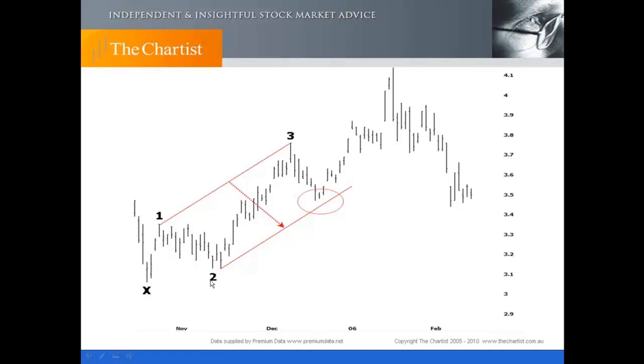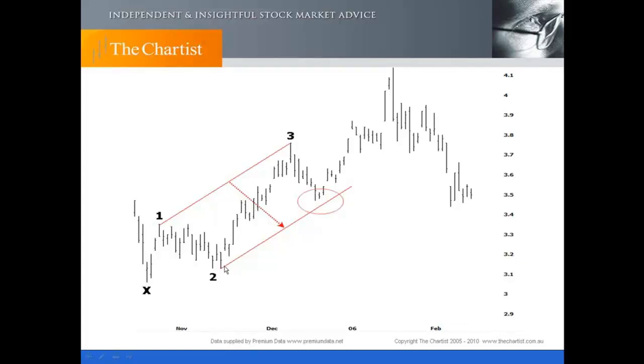Now, channeling is actually incredibly easy to do, but we need a little bit of price action to start with. So if we start with this absolute low down here at wave X, we get a wave 1, a wave 2, a wave 3. That's where we have to start. Now the whole idea here is to decide and define where wave 4 will terminate.